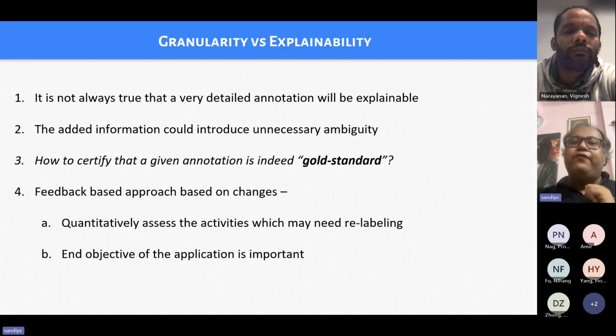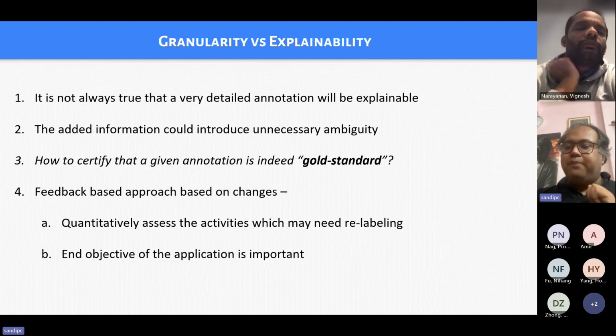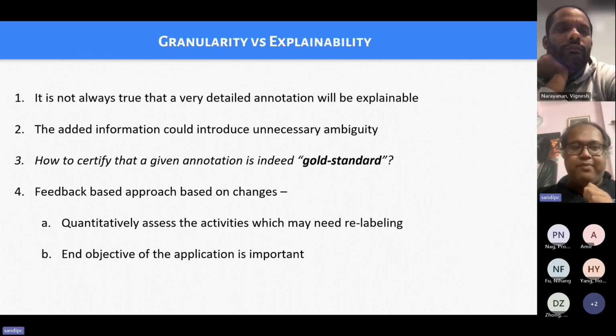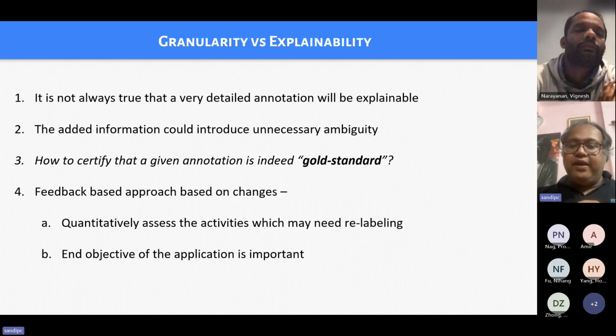These are the trade-offs that we have observed between granularity and explainability: it is not always true that a very detailed annotation will be explainable, and the added information could introduce unnecessary ambiguity. Many times, if you put in more information, it will introduce ambiguity in your result.